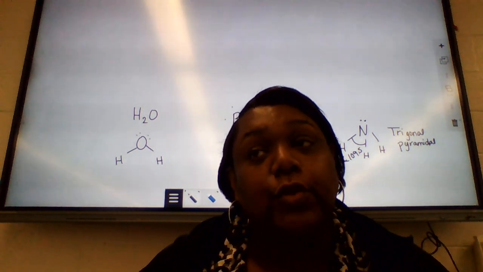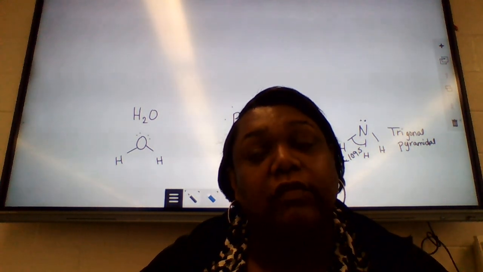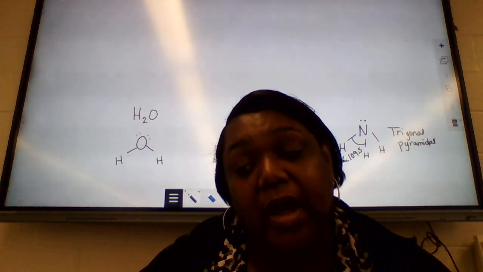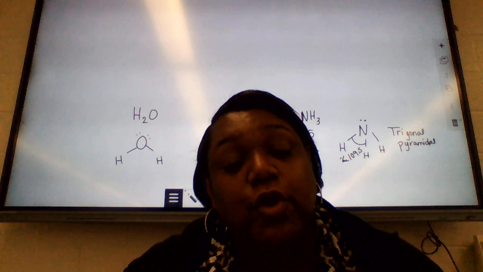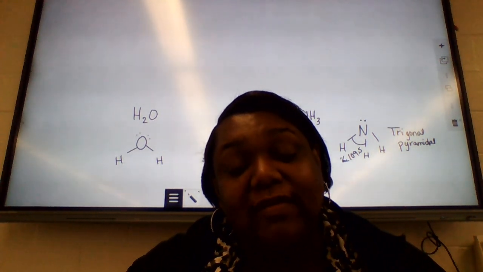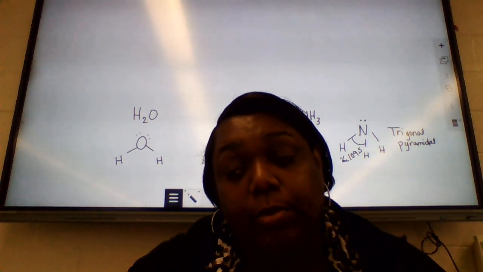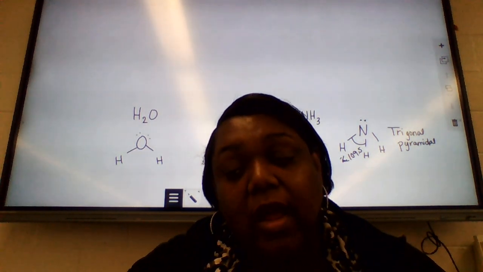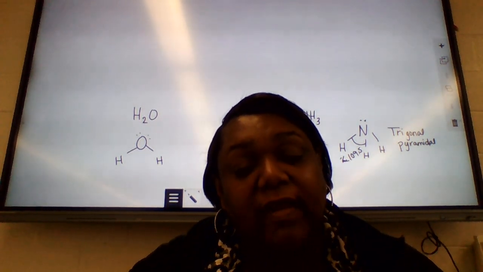So what you want to do is determine the electronegativity difference so you can see what kind of bond it is. Generally, if your electronegativity difference is greater than 1.7, then we say that that kind of bond is ionic.